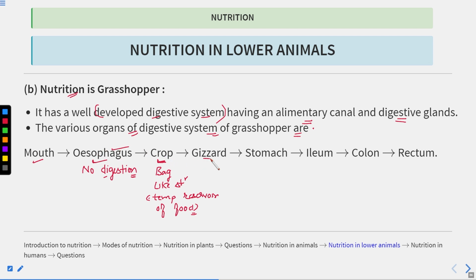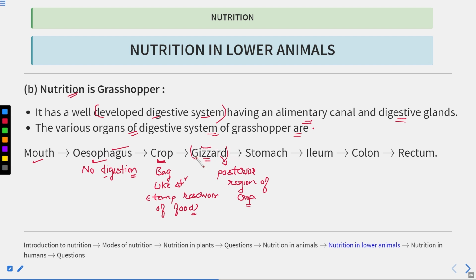Now the crop leads into the gizzard. So what is the gizzard? The gizzard is present in the posterior region of the crop, and it has longitudinal folds in it.